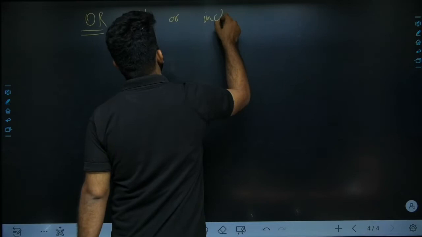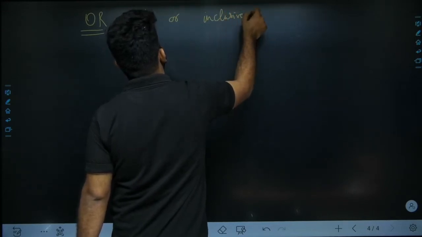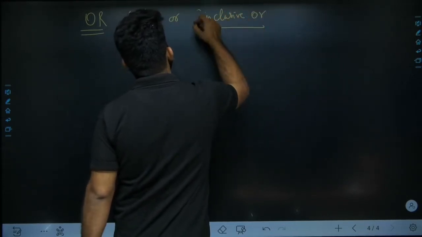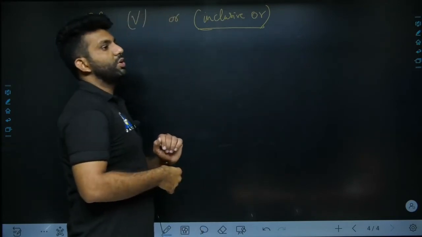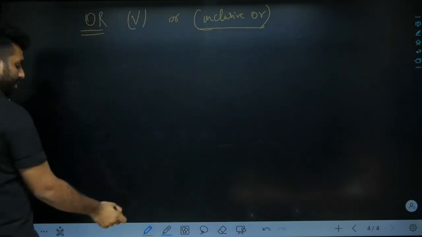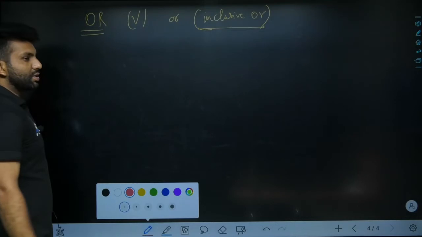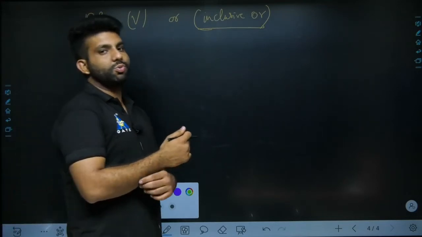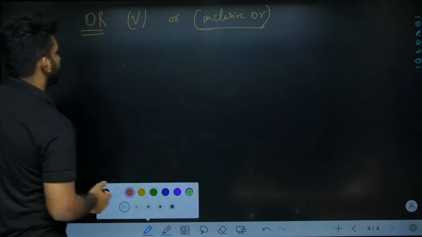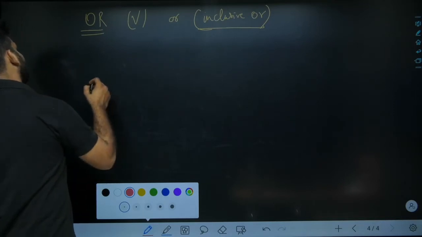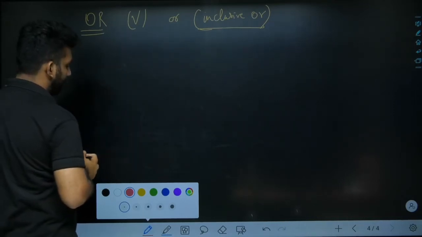This is very important to understand. Inclusive OR means both can also be true at the same time. Exclusive means only one has to be true. Okay. Let's see. So, or, okay, let's take the example.